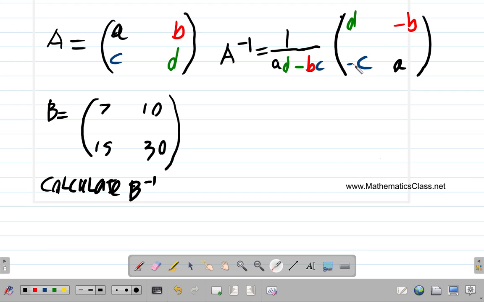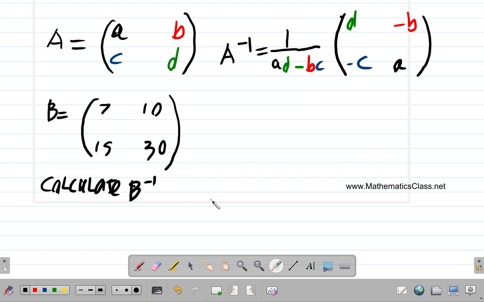The numbers remain the same, but the signs will change. Alright? Now, we want the inverse of this matrix.